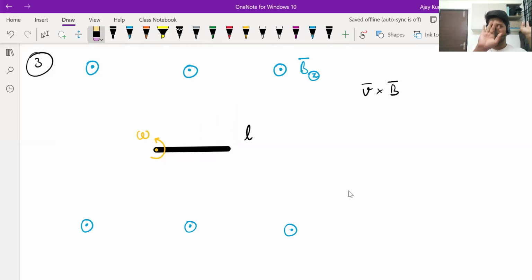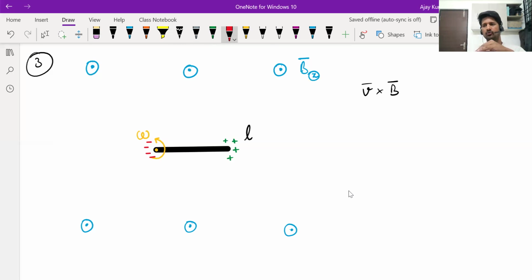Since the velocities are all upwards, V cross B will be to the right again. So positive charges will settle here. Negative charges will settle at the point where the rod is hinged or pivoted. So there will be a potential difference. That potential difference is what we need to derive.